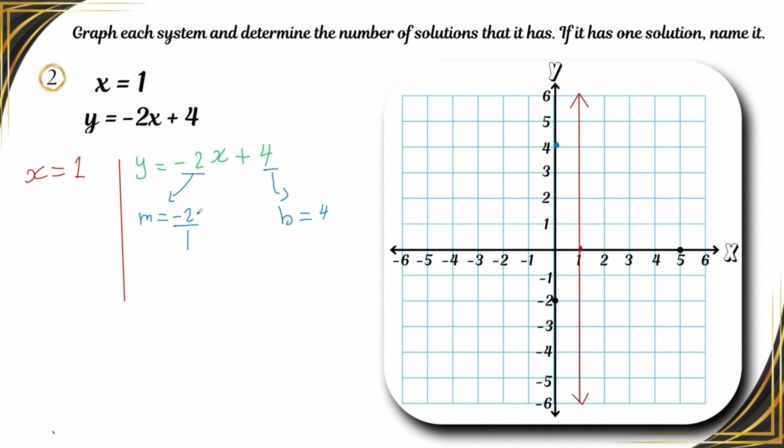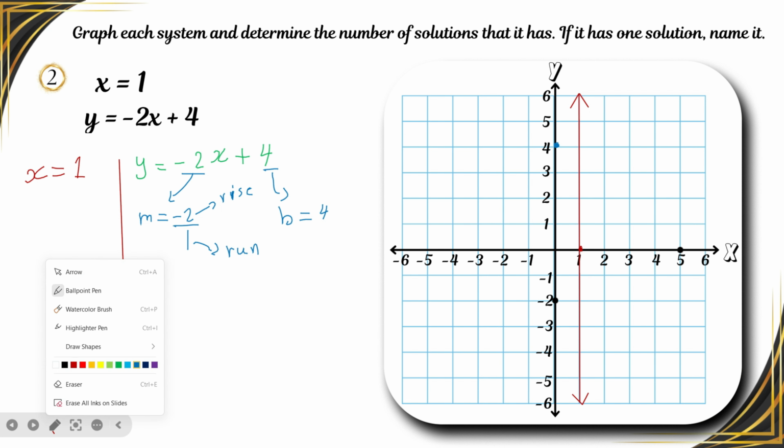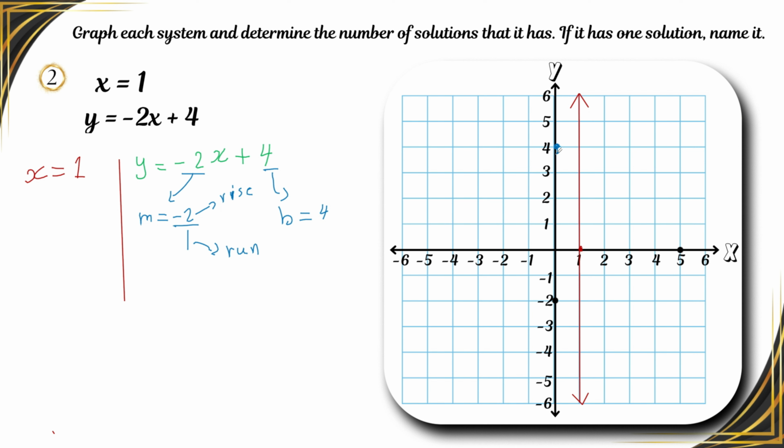Negative 2 means go up or down? It means go down. Go down 2 steps because rise is negative 2. What about run? Run means you go right 1 step here and put the end point.